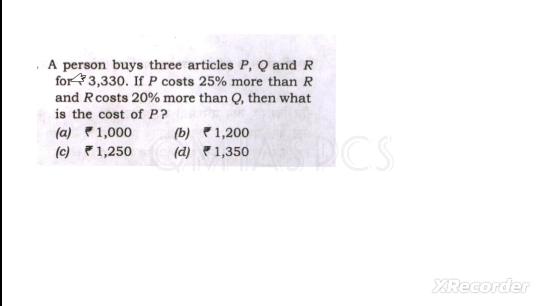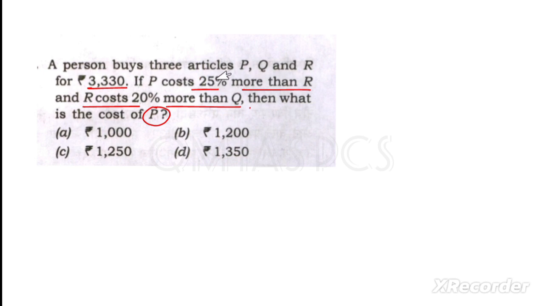A person buys 3 articles P, Q and R for 3330. If P costs 25% more than R and R costs 20% more than Q, then what is the cost of P? Here we have to consider any one value, either P, Q or anything.